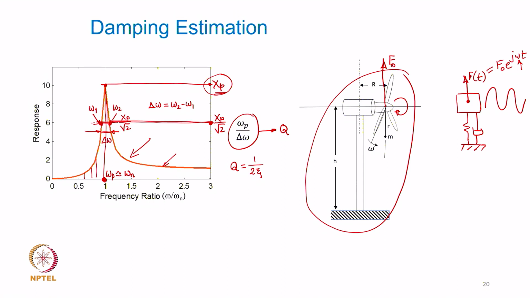Then that ratio gives me a numeric value of the quality factor, and because the quality factor is equal to 1 upon 2 zeta, what is the relevance of doing that? I can assess the damping in the system. That is what damping estimation is, right. What is the alternate way of finding out the damping in a practical vibratory system?